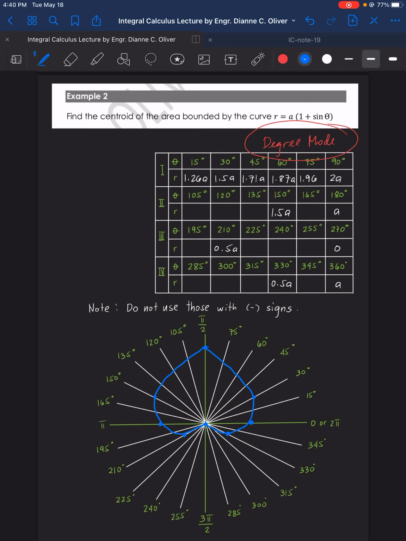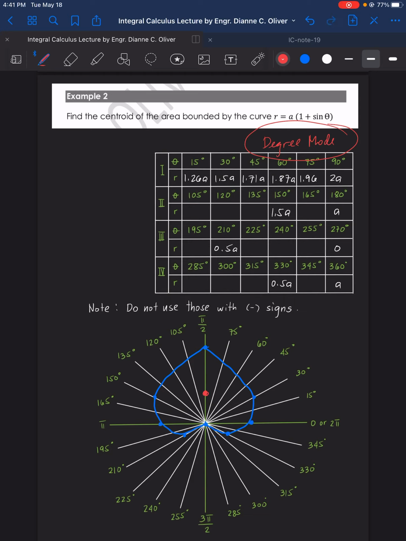So we're looking for the centroid, since this inverted heart is symmetrical to its sides. If we divide it into two, then we have similar areas on the left and the right side. Therefore, the centroid would probably be at this point.